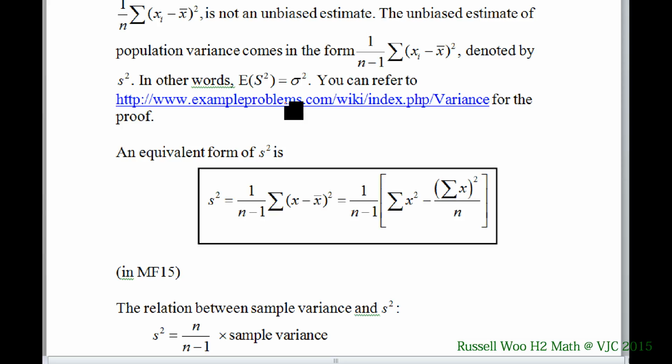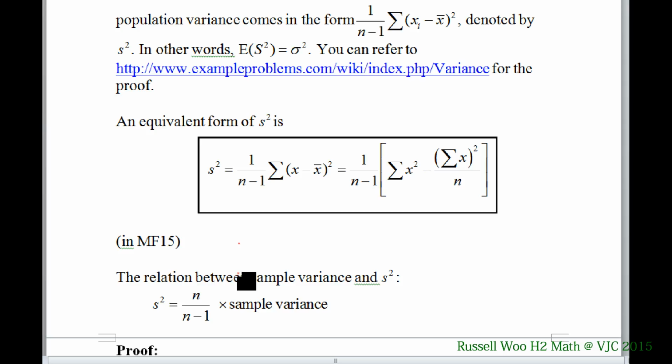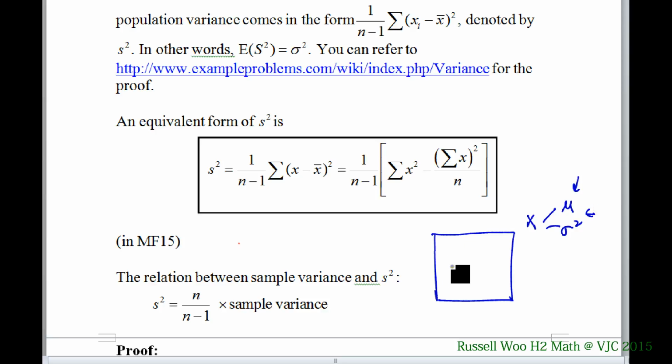The most important thing is we must know that this is the population. You have a mean, you have a sigma. These are population parameters. We must make a distinction between the sample mean and sample variance.